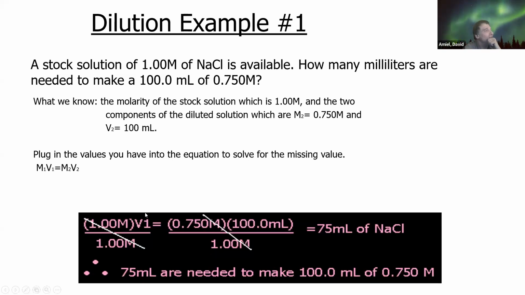I did the math kind of in a different way. I should have had V1 isolated. I realized that I'm looking for V1 in this problem. And I did a whole bunch of steps at the same time here just for teaching purposes. You would have V1 equals blah, blah, blah, just like we had earlier. Then you would go and plug in the numbers.